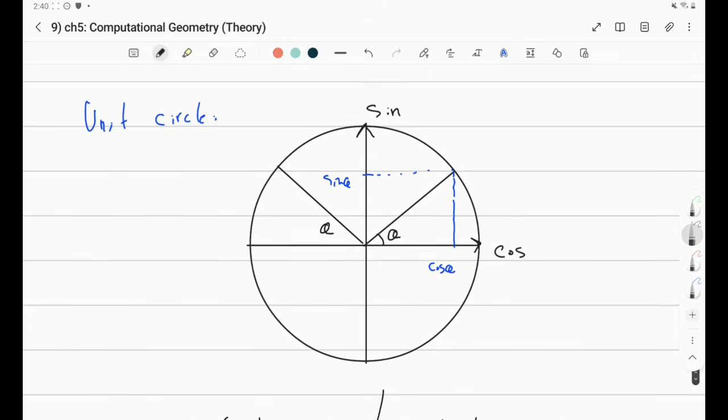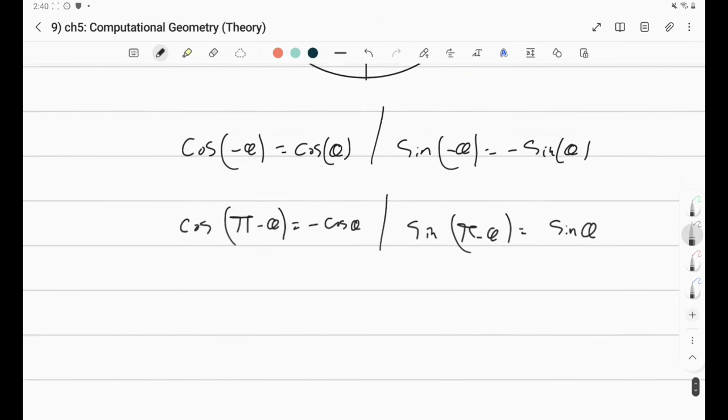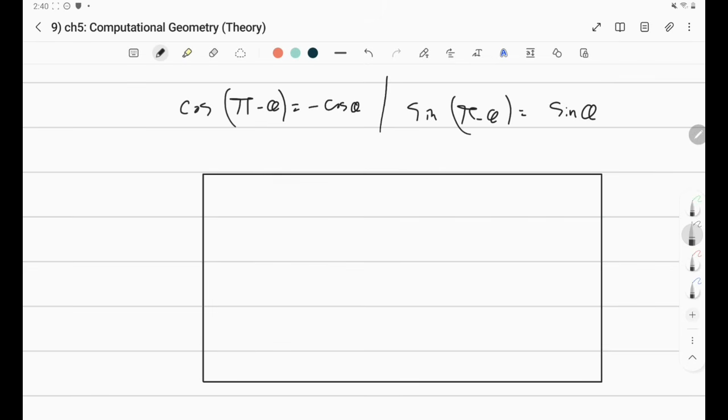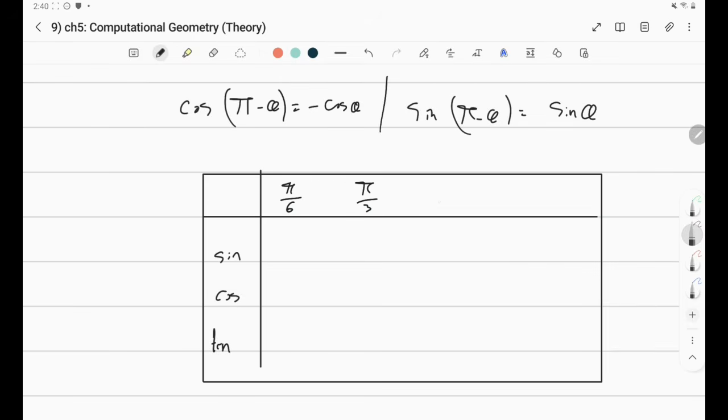And of course, you can figure out the easy ones. You should always know the famous angles. Let's say this is sine, cosine. Just to remind you, tan, you should already be familiar with these. Here I'm going to write the angles. So you have pi over 6, pi over 3, which is like 60, and pi over 4, which is 45. Of course, we have 0, pi over 2, pi.